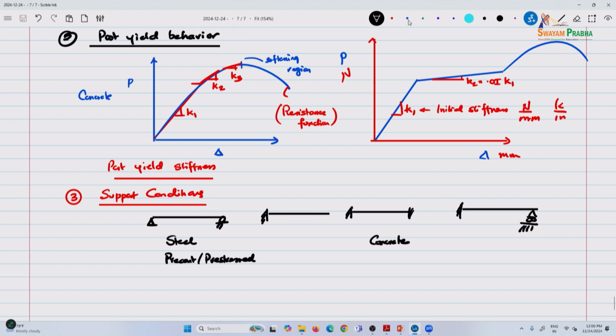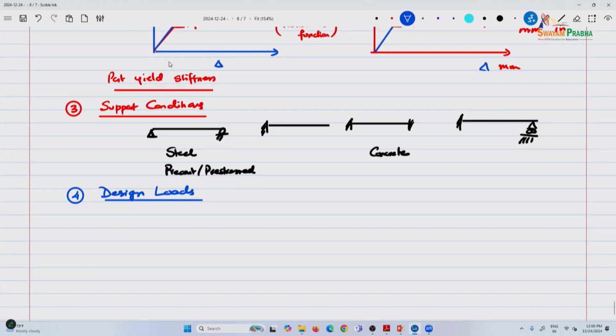How are some of these accounted for in design? Design loads, and I can speak with respect to the US codes. I am not too familiar with the Indian codes in this case. We have ASCE 7, the recent version being ASCE 7-22. That is our minimum standard for loading. They specify the following load combinations.